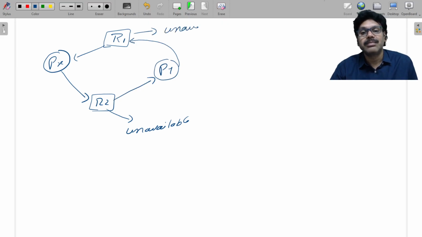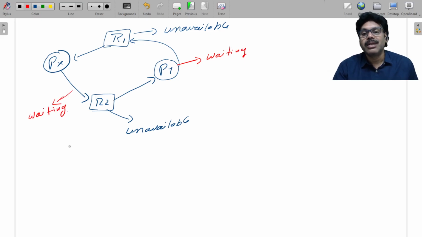In this case, PY's request edge becomes a waiting edge. PX's request edge also becomes a waiting edge. So what happened?